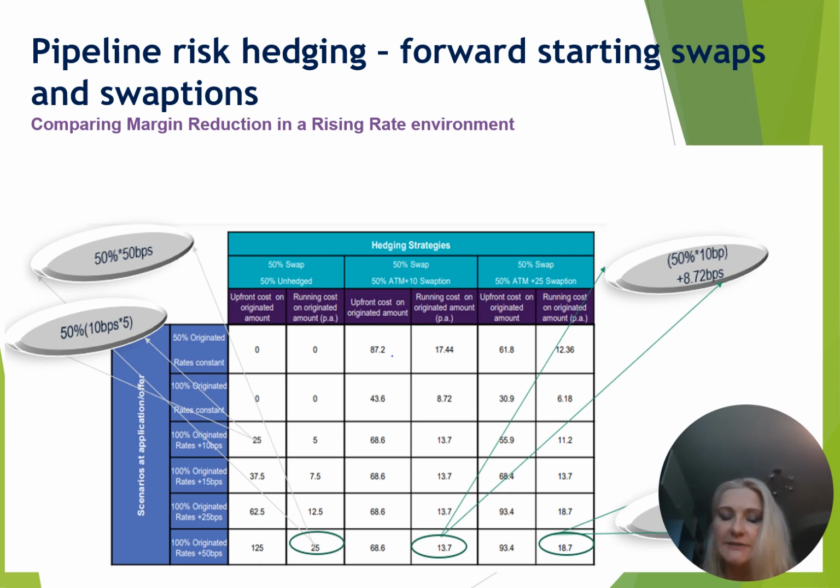So we decided to enter the swap at a certain time in the future at a certain rate, if rates move up to a certain level or above. And this is the term of the strike.